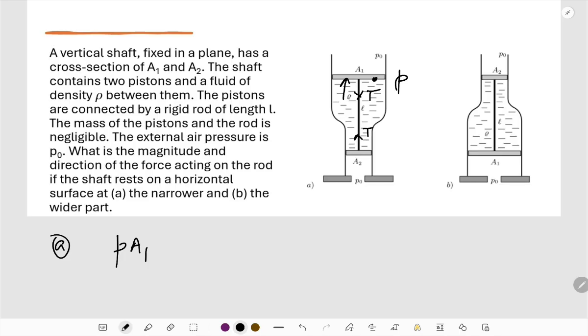And two forces act downward. One is the atmospheric pressure force, P naught A1, and the second one is the tension, and the sum will be equal to 0. All forces acting on it are equal to 0, and I would like to write the same for the lower piston.